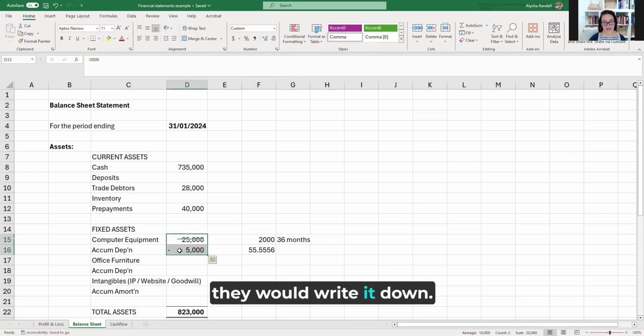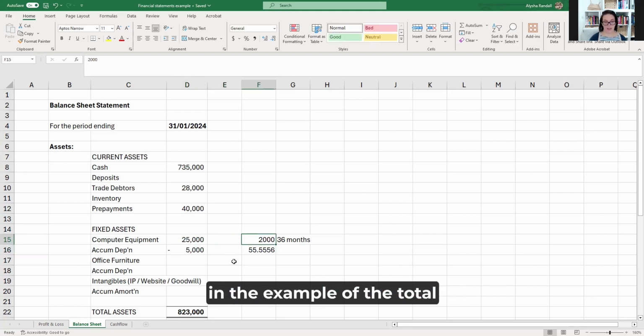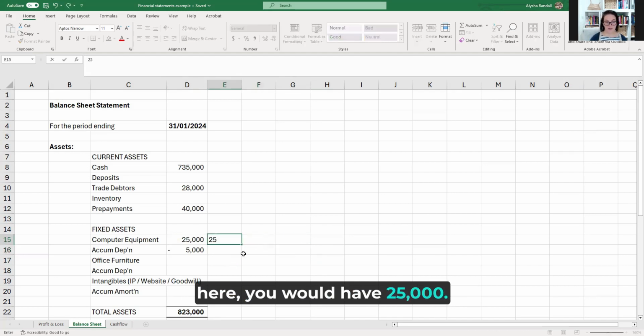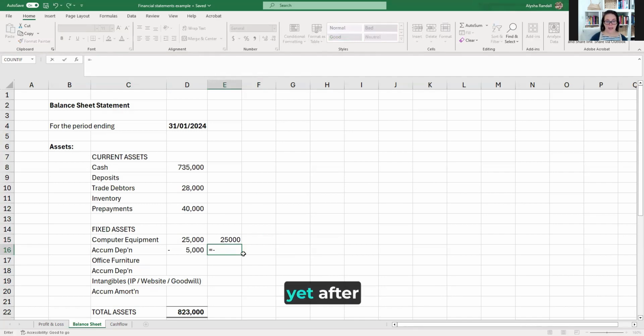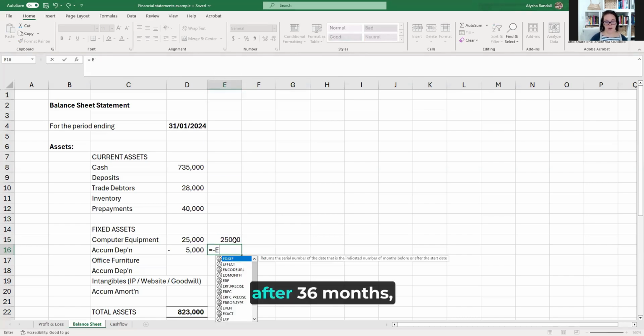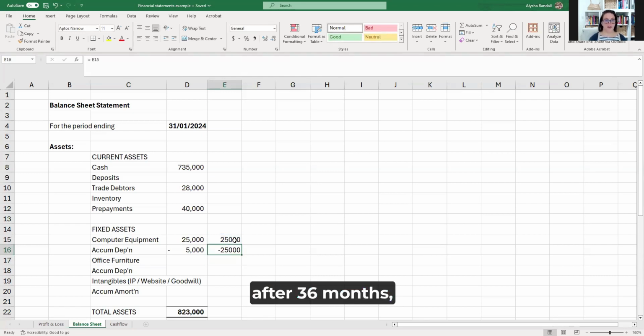They would write it down. So by the end of the 36 months, in the example of the total here, you would have 25,000. You've paid 25,000 to buy all the computer equipment. Yet after 36 months, you've written it off. So actually in the balance sheet, after 36 months, these computers would be worth nothing. So that's what accumulated depreciation is.